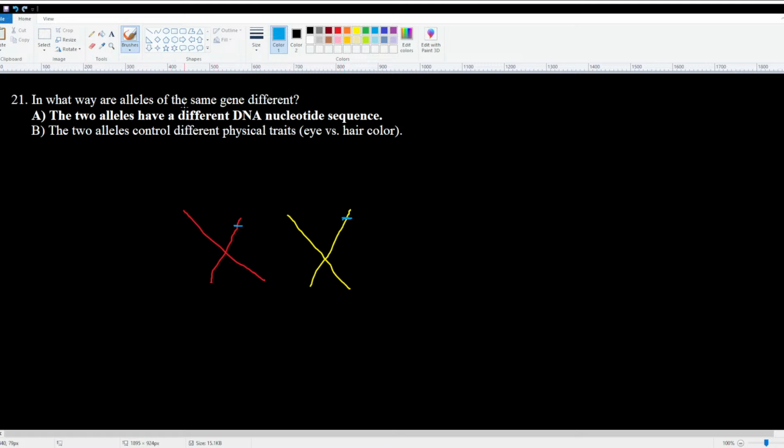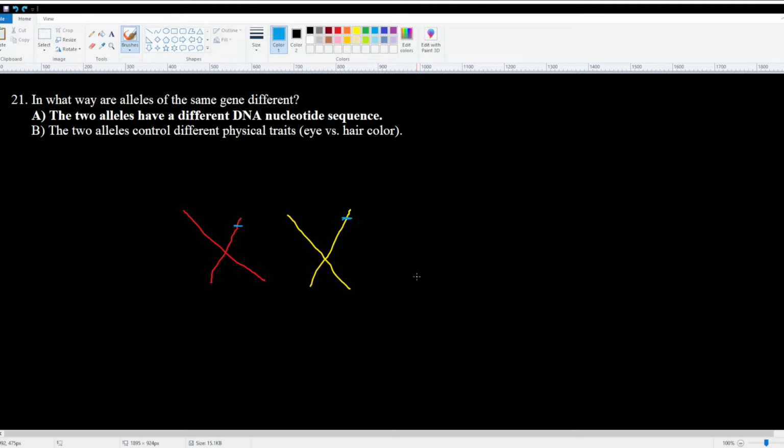So these are the same genes, right? Because technically they count as one pair, so they act in accordance with each other. I mean, you have 46 chromosomes, but really only 23 are working. Don't take my word for that, that is just a huge generalization.